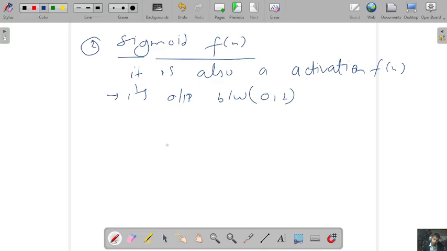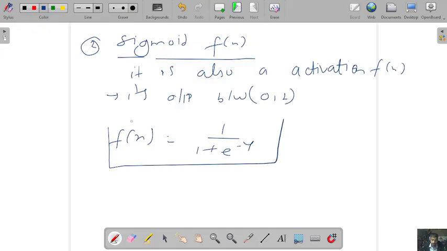Okay, if we want to find an output, so it is necessary to apply the activation function. So here sigmoid function f of x equal to 1 by 1 plus e power minus y. Okay, if we apply this, then we get an answer between 0 and 1.